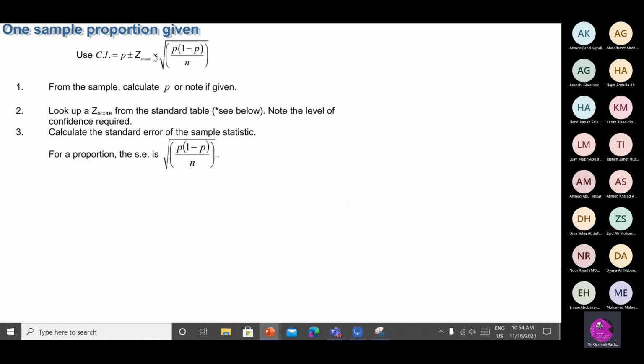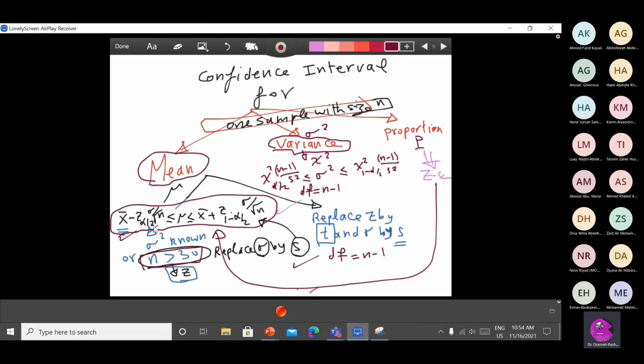So this is exactly the same as this one. I replace x bar by the proportion. I replace sigma by the root square NPQ. Root square NPQ over the root square n. So I will have under the root square NPQ over n.